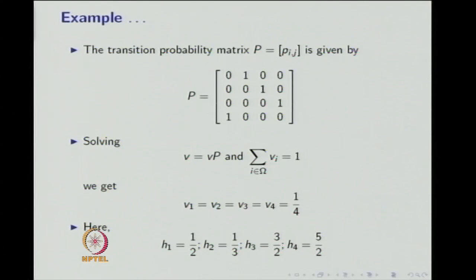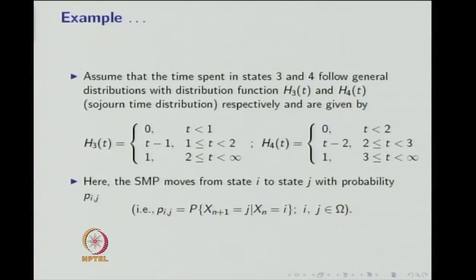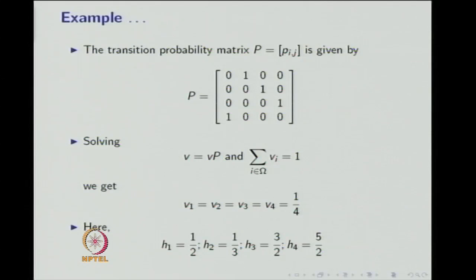So, you know the steady state probabilities of the embedded Markov chain, and from the sojourn time distribution you can find out the mean sojourn time. Since the sojourn times of the first two states are exponentially distributed, the mean sojourn times are 1 by 2 and 1 by 3 respectively for states 1 and 2.